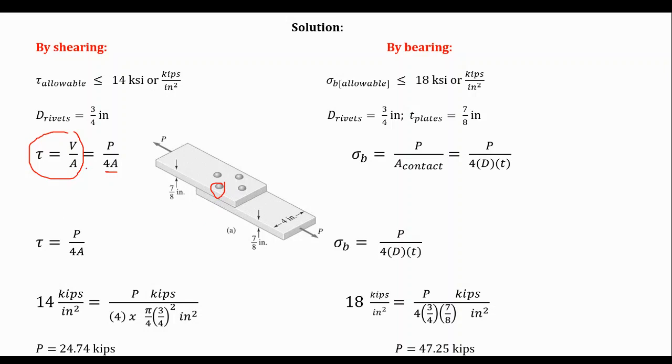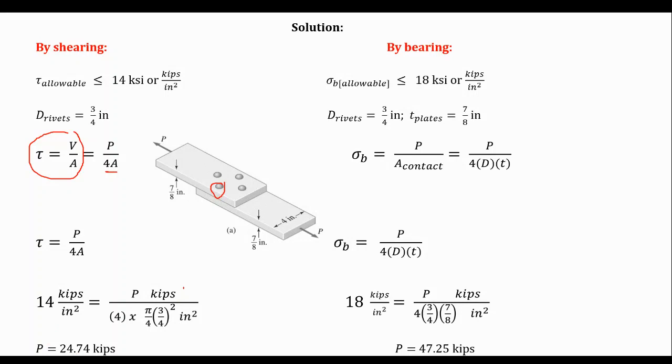Okay, so substituting values, the shearing stress is 14 kips per square inch equal to force divided by area. So guys, again, let's be consistent with our units. If the left side is kips per square inch, then the right side also has units of kips per square inch. So when we solve for P, kips automatically comes out. P is 24.74 kips.